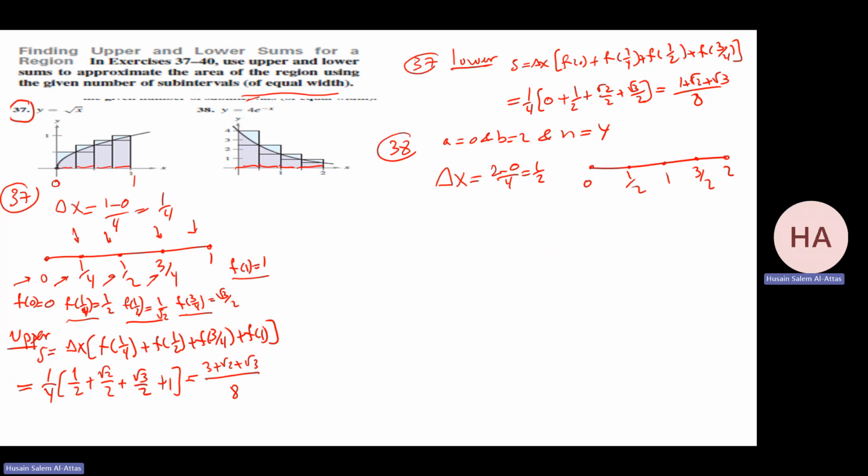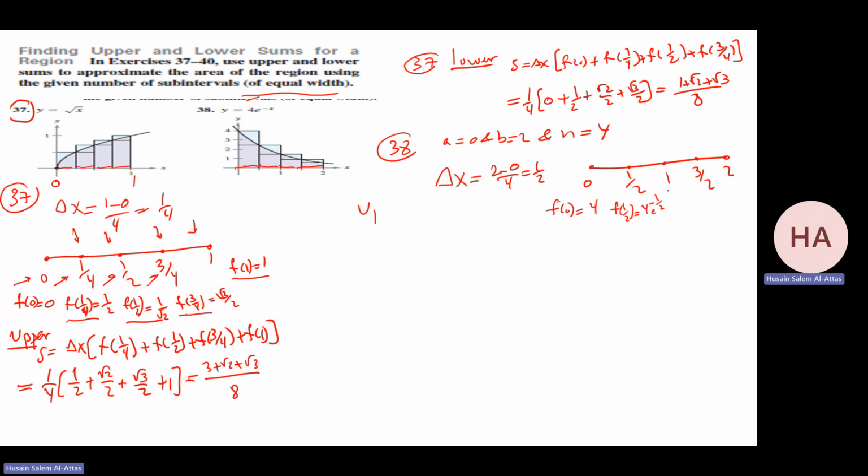So for the upper, I'll take the left endpoint. You can check it: f at 0 will be 4. F at half will be 4 e to the minus half.